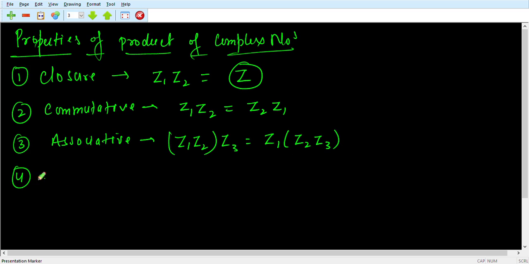Fourth property, existence of multiplicative identity.